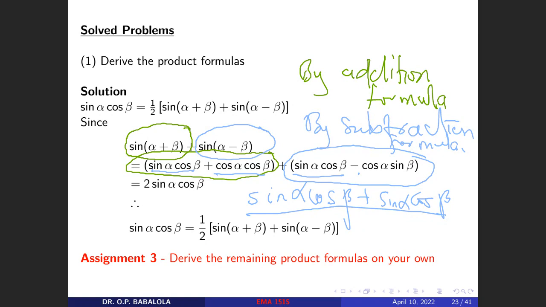What you do is express it, write it out completely, so you can see the ones you want to add together and the ones you want to subtract from each other. So this will be 2 sine alpha cos beta.